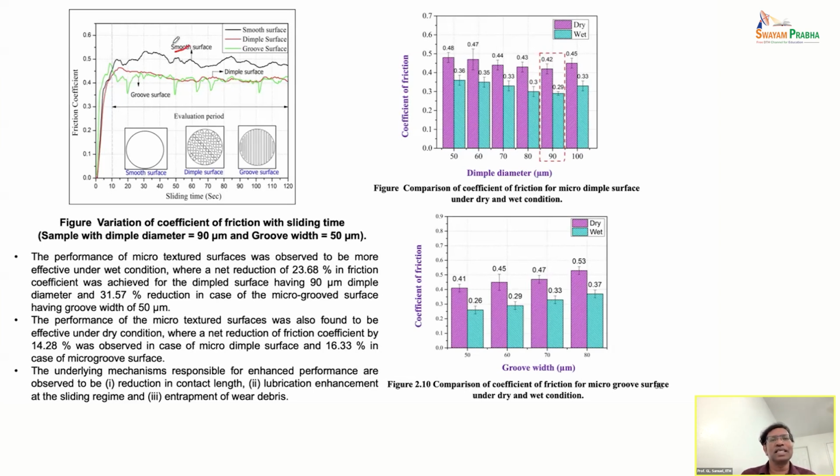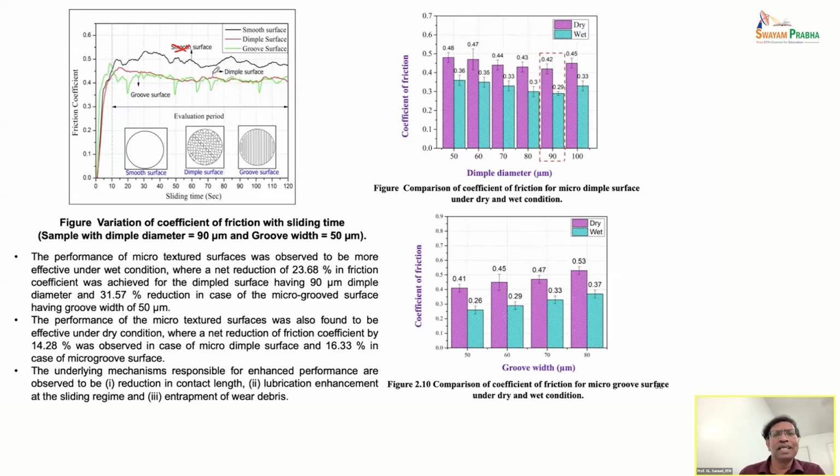So here we see that this is a surface which is not textured. It is an untextured surface, we can call it. And then the red color one shows the dimple surface, and the green color shows the grooves. Now for the untextured surface the friction is higher, but when you do the texturing, both the dimple or groove, we can see that it decreases.